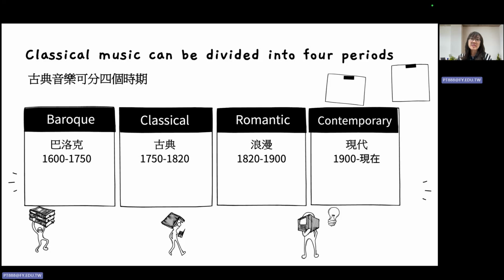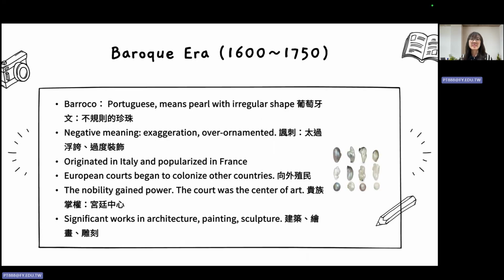Okay, so classical music can be divided into 4 periods: Baroque, Classical, Romantic, and Contemporary. 好，那分成4个时期：巴洛克、古典、浪漫跟现代。So the word Baroque came from Barroco in Portuguese. It means pearls with irregular shape. So you could see the picture. Those are pearls, but they're not like a circle.